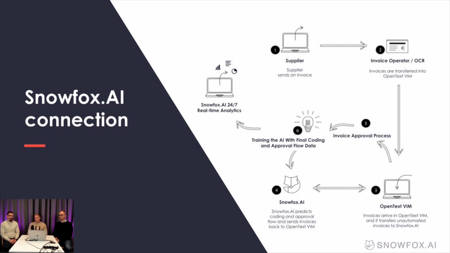But nevertheless, that logic module captures that it's a non-PO invoice, and this invoice should go through the Snowfox prediction process. Then this logic module captures the information from the VIM header and VIM line items that we want to capture, saves a file together with the PDF, and sends the PDF, meaning the invoice image, together with the structured data to Snowfox and starts waiting.